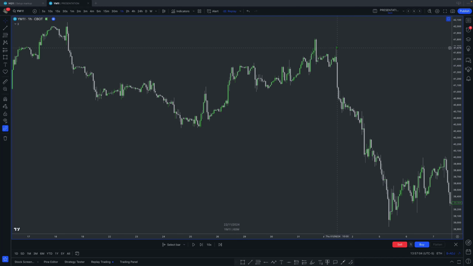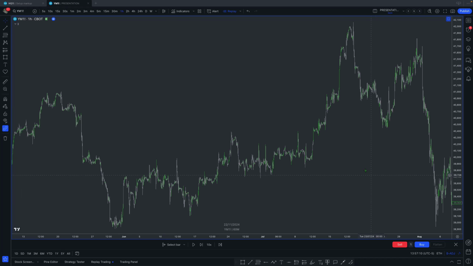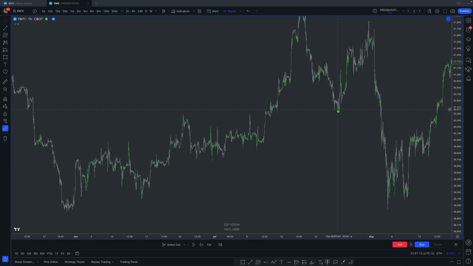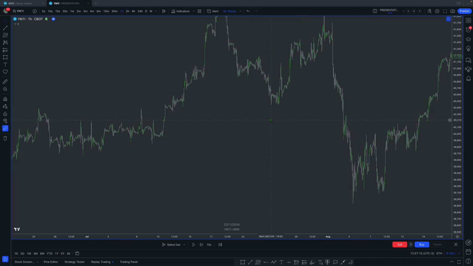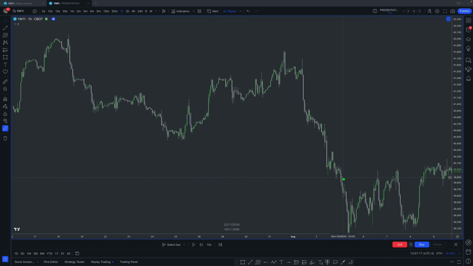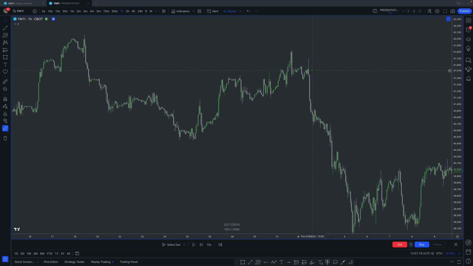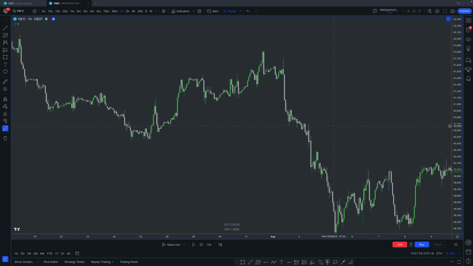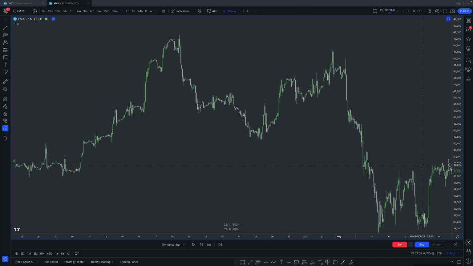Because we had the first stage of distribution and it just kept on going, it kept on rolling over lower and lower, I started thinking, okay, we're not just going down to original consolidation, we're going down here. And sure enough, it goes extra fast. So when you are in a market maker sell model and it's just not pulling back, it's just having one move down, that means it's going a lot further than you expected.